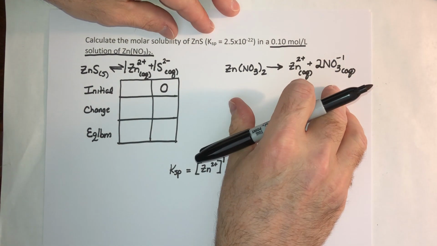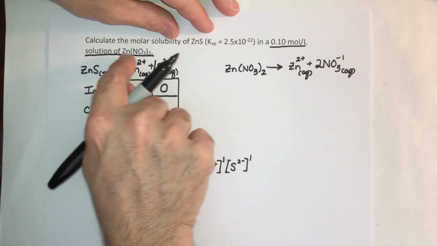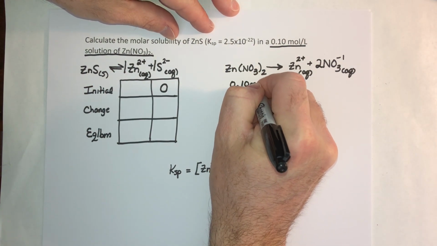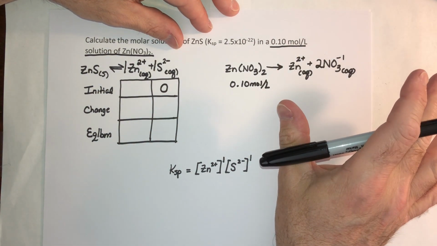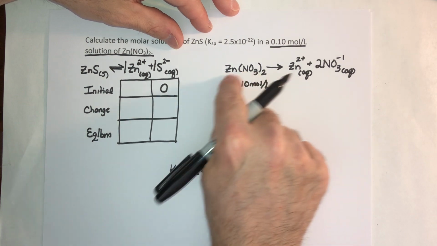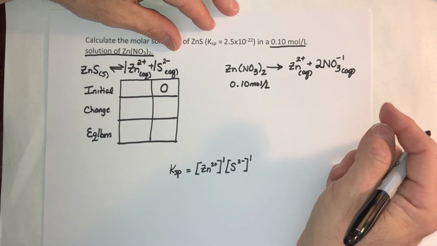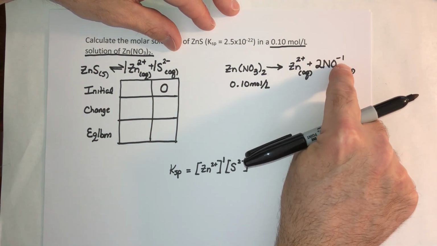Now for this one here, you initially started out with 0.1 moles per liter of zinc nitrate. So 0.10 moles per liter. But now that's going to completely break up. In the end, you're not going to have any of this. So what is it going to break up to give you? It's going to break up to give you your zinc 2+ and your 2 nitrates.